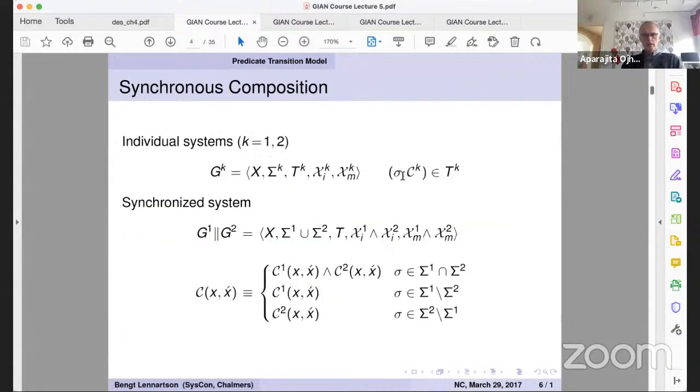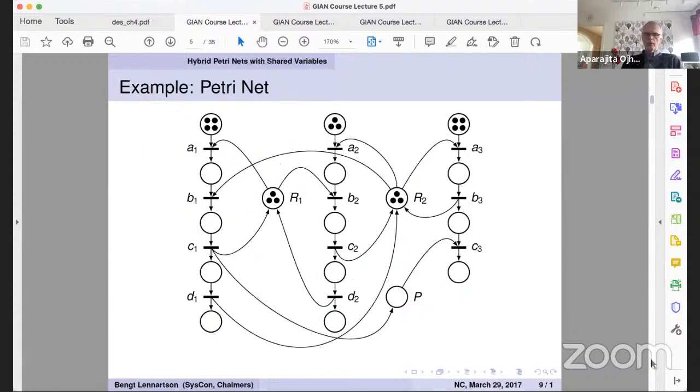And here we can separate between the event and the rest of the guards and actions in this formula. And in this way, we can take the conjunction between the individual predicates for the transitions. And so this gives you a very compact description. Not very readable, but once again, very useful for computation.